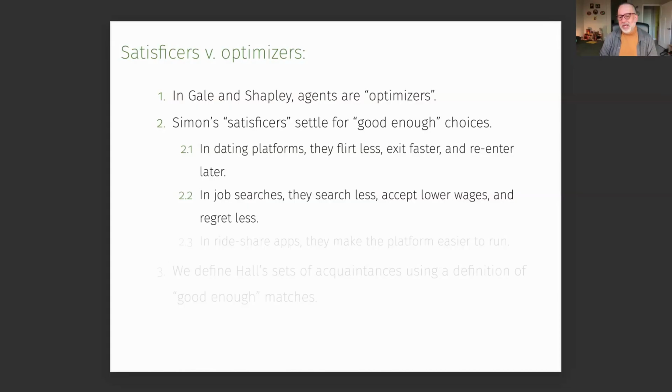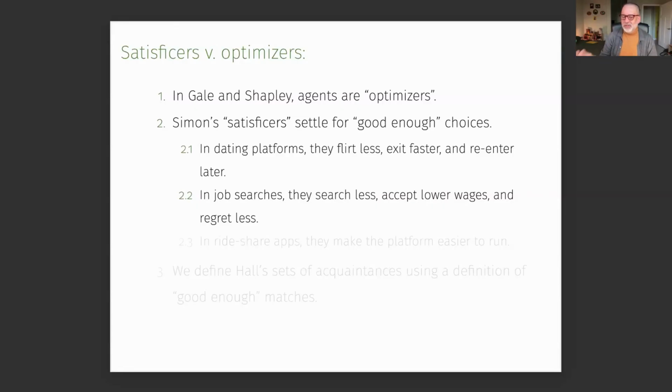In a similar exercise, not in dating but in job searches, people have found that optimizers stay longer in the search process for a job. Satisficers end up accepting lower wages, so they settle faster for offers that are not as good as what optimizers would get. But interestingly, they regret their offer less.